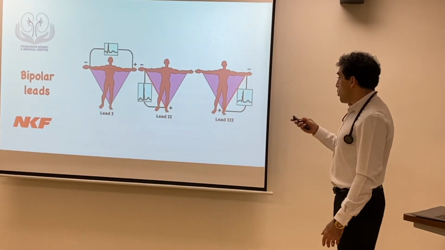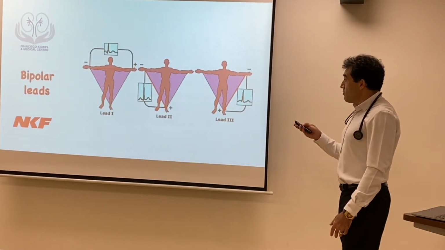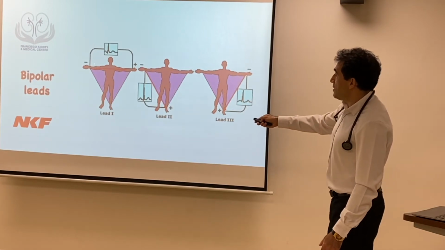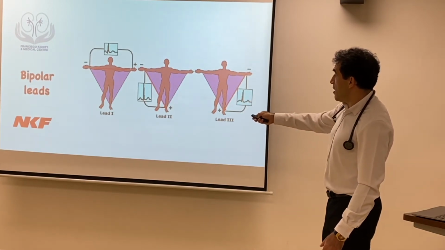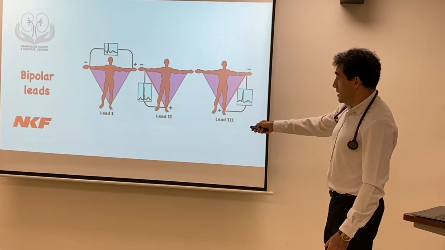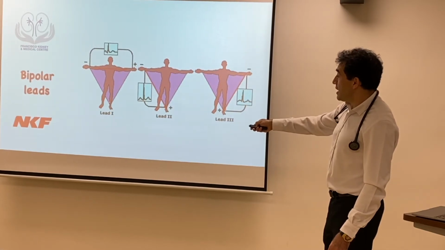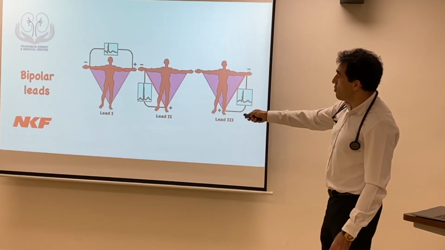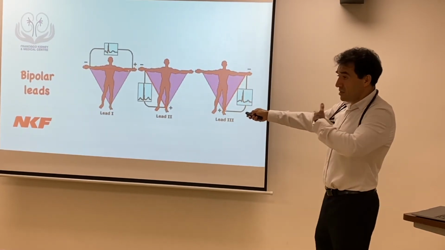These are the bipolar leads. You do the same to see the activity of the heart, but now you place an electrode on the right arm, the left arm, and the left foot. Then lead 1 sees the impulse going from the right to the left arm.